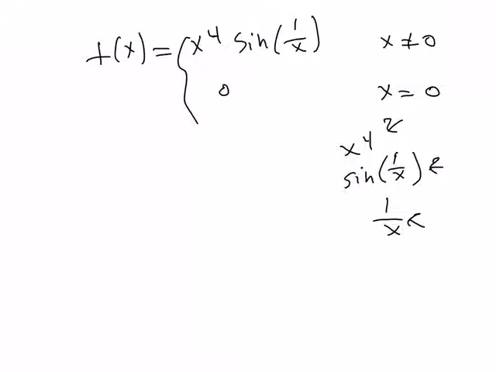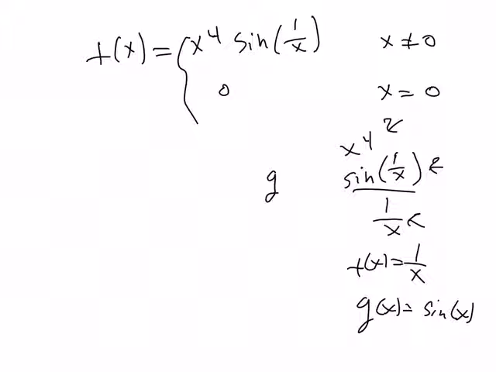So we would take f of x equals 1 over x, and g of x equals sine of x, and so this is going to be g of f of x, which is also continuous because f is continuous and g is continuous. All the rules that we did before.